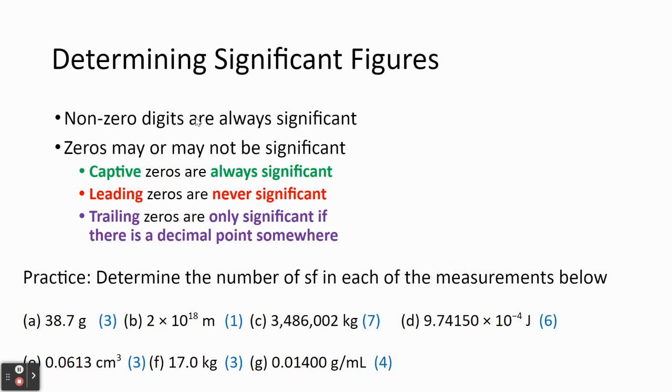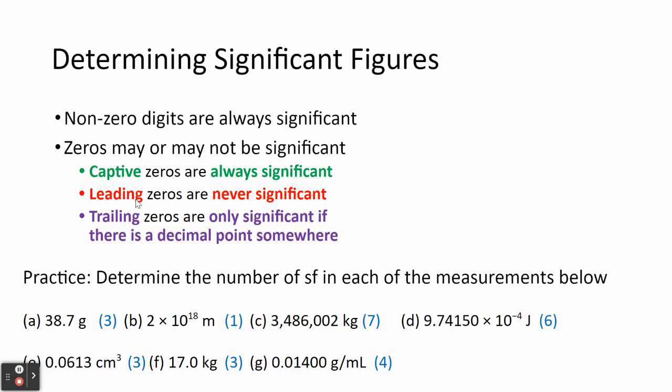Now, if we're given a number on paper, we need to determine the number of significant digits. So non-zero digits are always significant, meaning they're measured values, but zeros may or may not be significant. Now, if a 0 is what we call a captive 0, that means it's in between two non-zero digits, it's always significant.